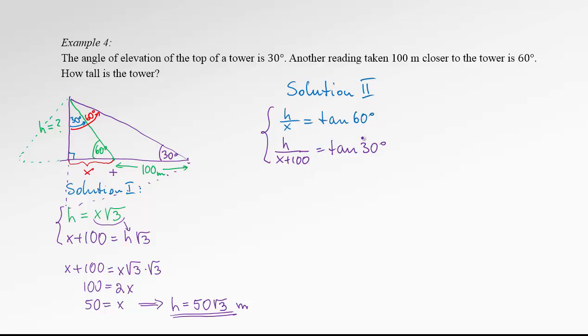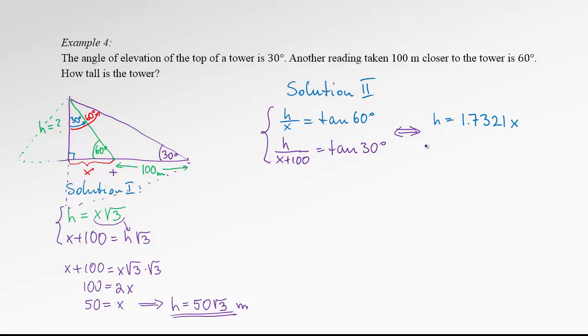Notice that this time we don't rely on special angles. Those can be any angles. We'll find the values of tangents on a calculator and round them to 4 decimal places. Okay, so this will be equivalent to, let's solve each equation for h. So in the top we have h equals tangent 60, which is 1.7321 when rounded to 4 places, times x.